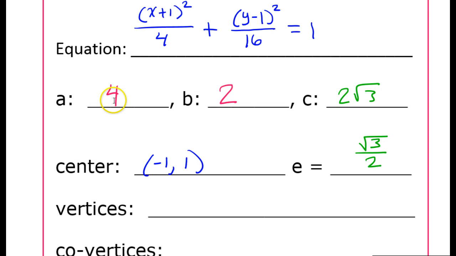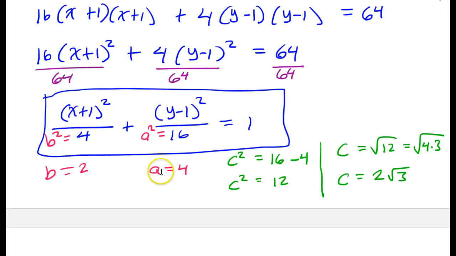Now, let's start with the vertices. For the vertices, we will use the A value, the bigger of these two numbers. Okay, now remember that we got the A value by looking at A squared, which was the 16. Notice that the 16 is with the y term.